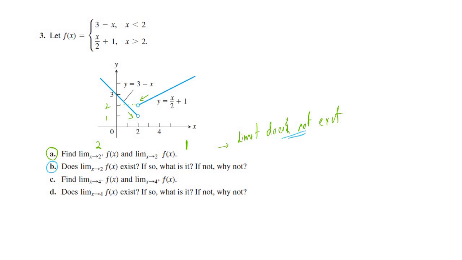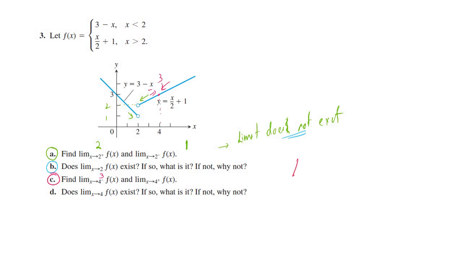Then let's find the limit at 4. Look at the limit at 4. From the negative side, it's equal to 3, and from the positive side it is equal to 3.